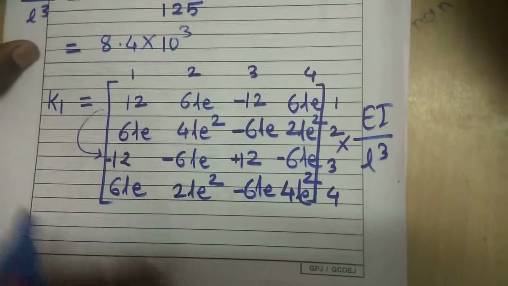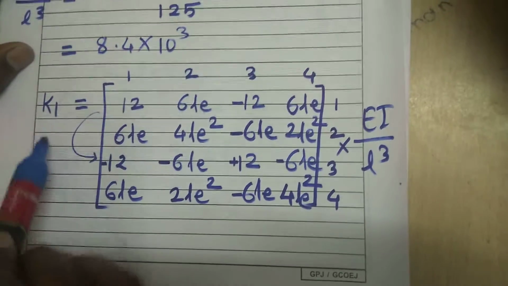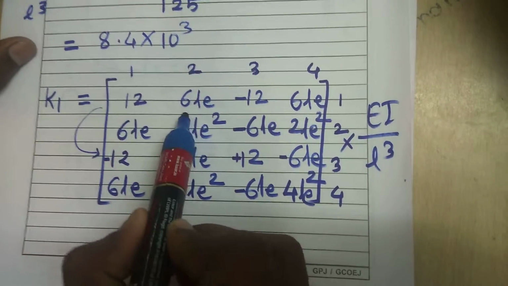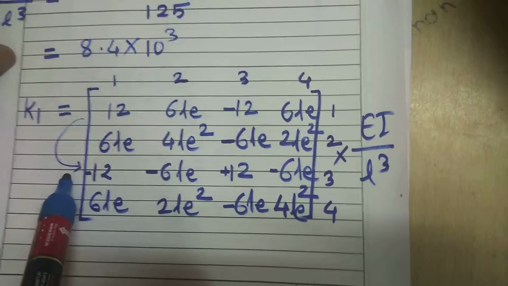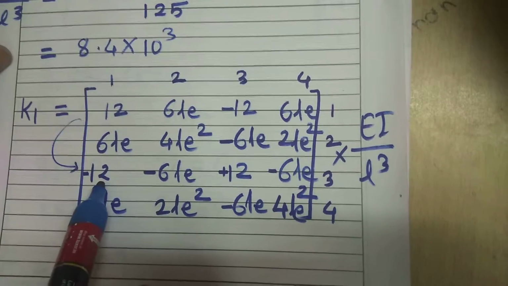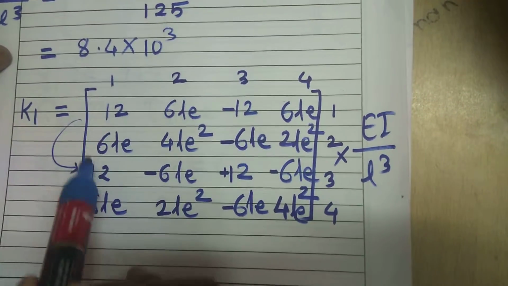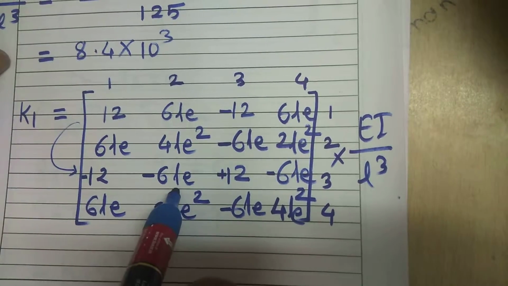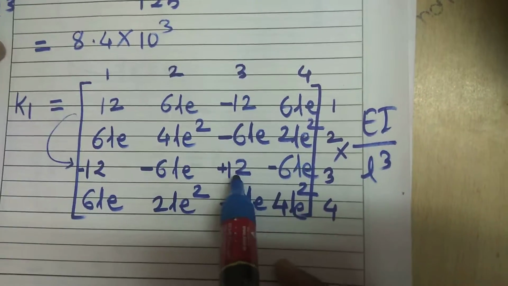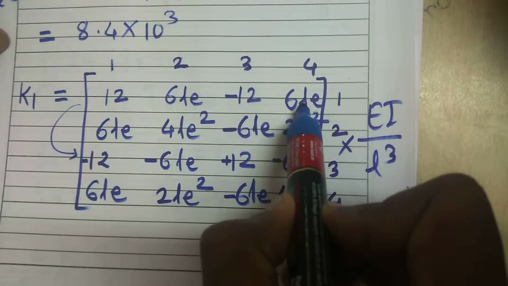Then the stiffness matrix is 12, 6Le, minus 12, 6Le. This will be reflected in the third row but with inverse sign, minus 12. This one is plus 12, this one is minus 12. This one is plus 6Le, this one is minus 6Le. This one is minus 12, this one is plus 12, and this one is plus 6Le.